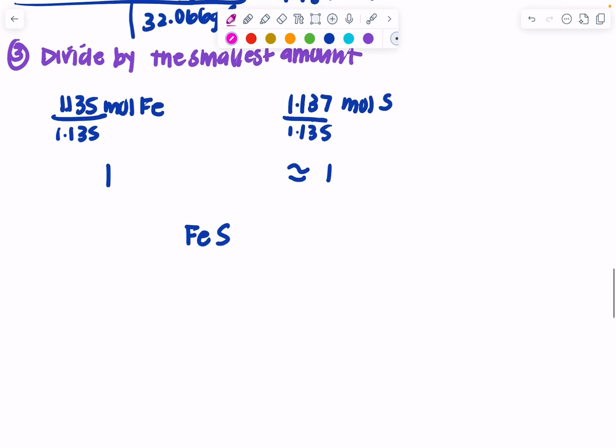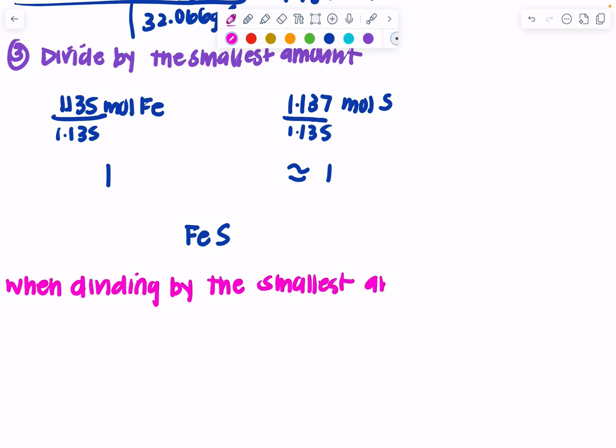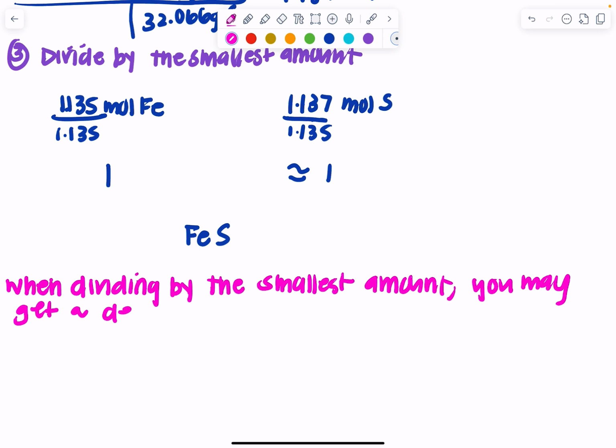Very last thing. When dividing by the smallest amount, you may get a decimal.